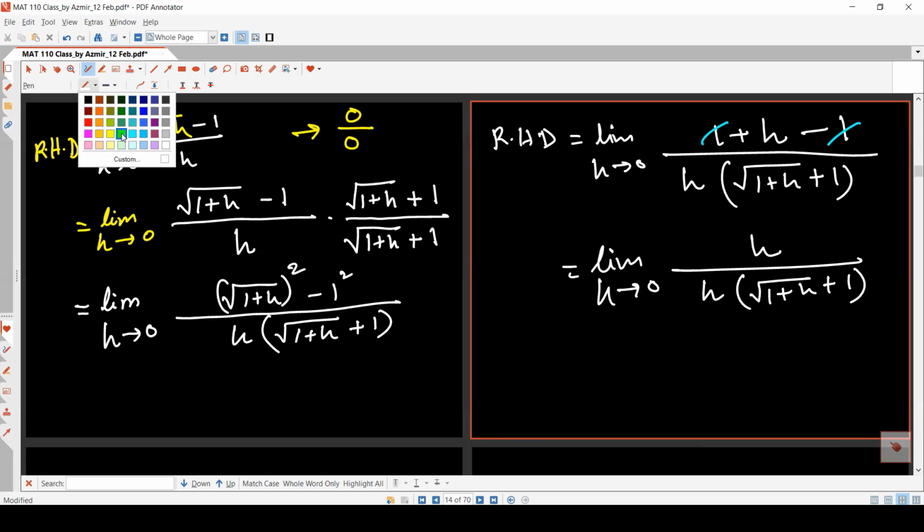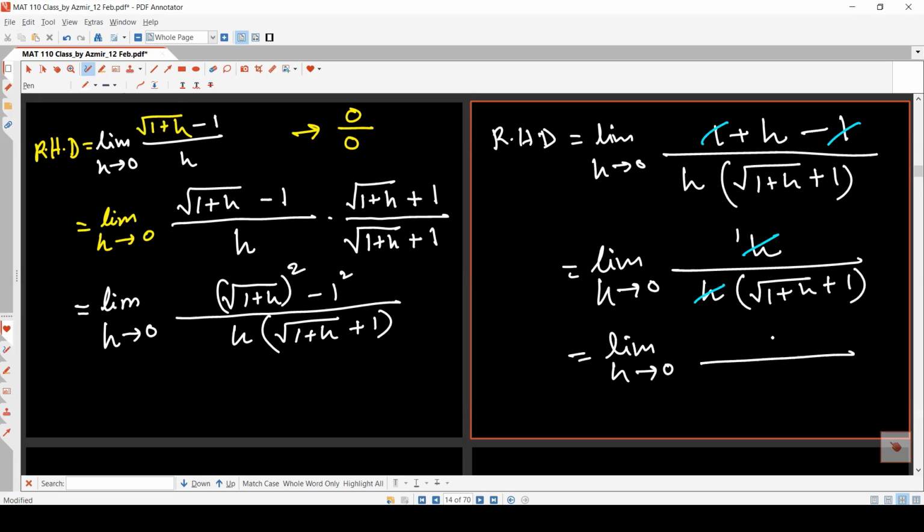Now again, we can cancel the similar terms. So we have 1 in numerator. Limit a tends to 0, 1 over square root of 1 plus a, plus 1. So we can now input the value of a. This is the simplified result of the given limit.